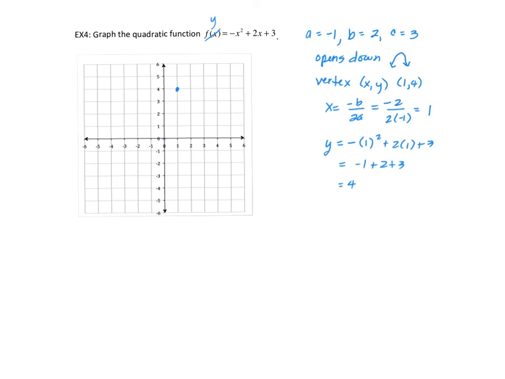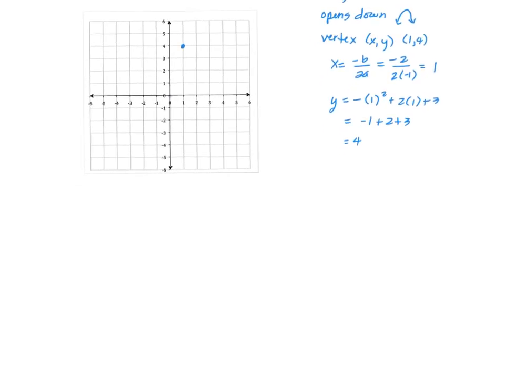So let's find some points to see how wide it is. Again, the y-intercept is always the easiest because you're just putting in 0 for x, which just gives you that c value of 3. So I know that 0, 3 is my y-intercept. Again, I have that axis of symmetry going through the vertex.